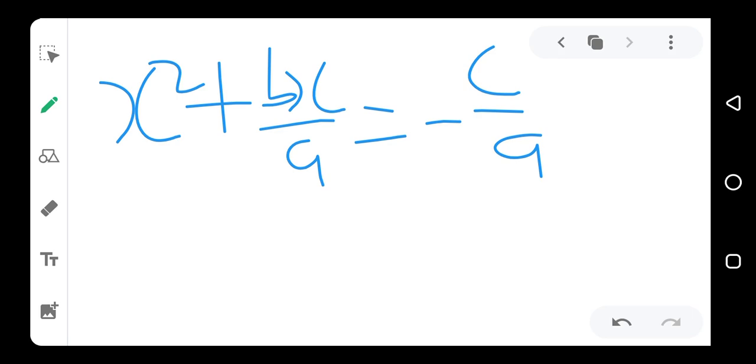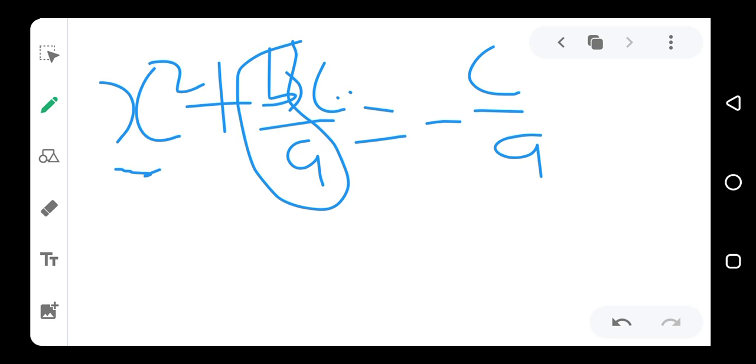This is the coefficient of x, not the coefficient of x squared. This is x squared and this is x. The coefficient of x in this place, we divide it by 2 and then square it.